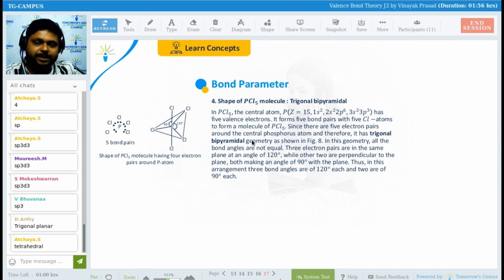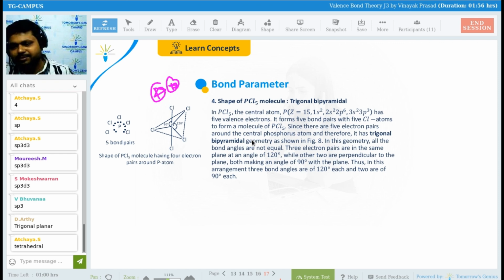Now PCl5. This is a very famous structure and it comes in your examination. First of all, tell me, for PCl5, what will be the geometry and what will be the hybridization? How many of you can write the hybridization for this PCl5?